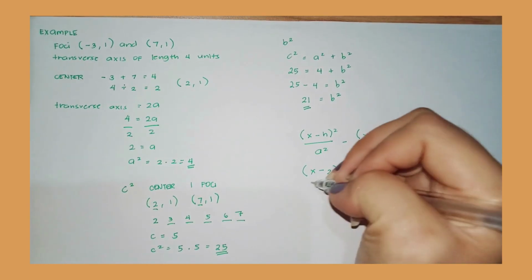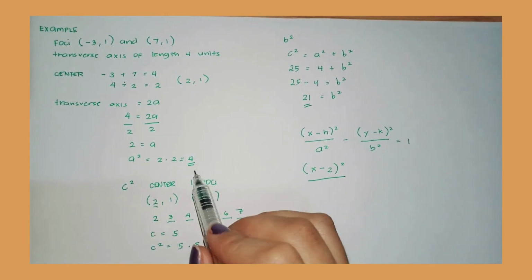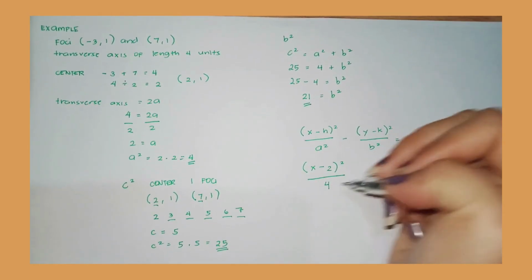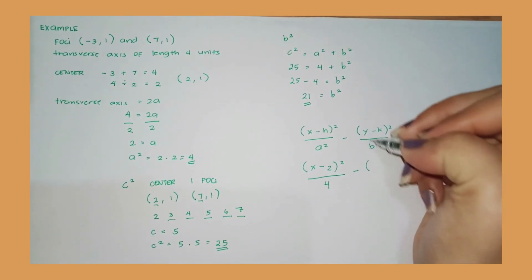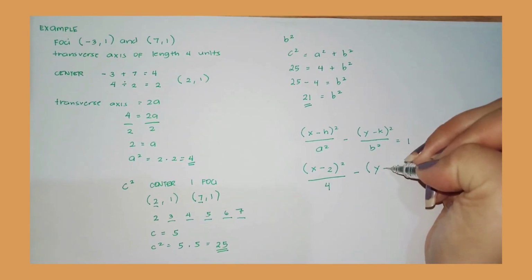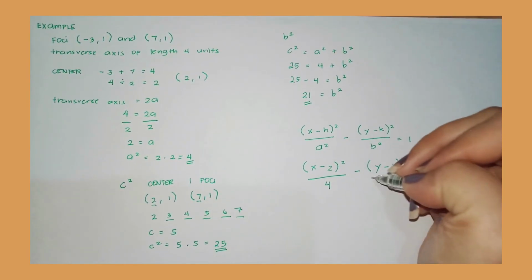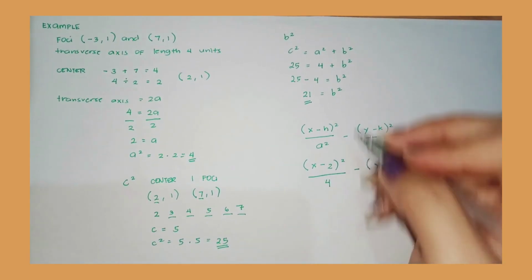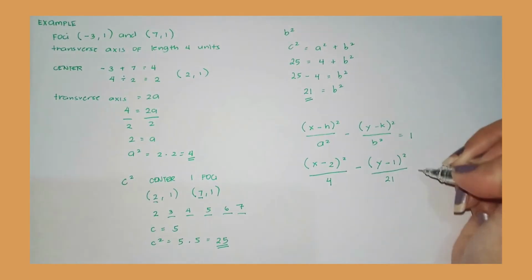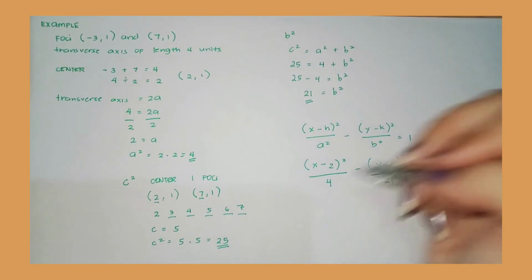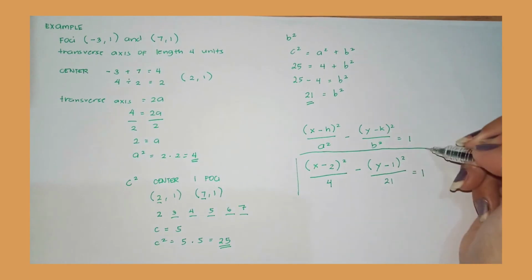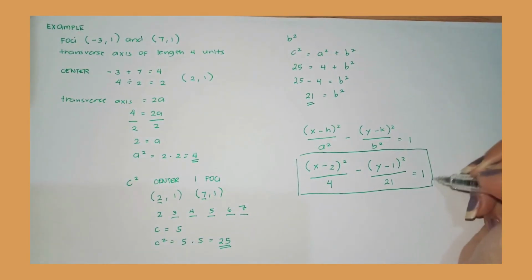Then squared. A squared natin is 4. Copy negative. Y minus k natin is 1. Squared over b squared natin is 21 is equal to 1. So this will be our final answer or the equation of the hyperbola.